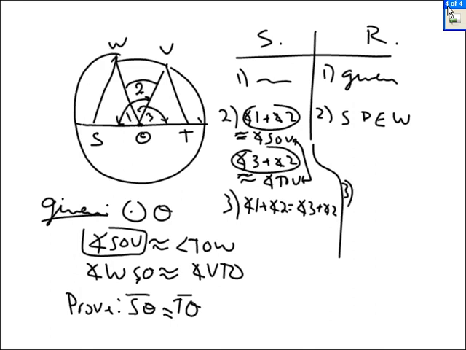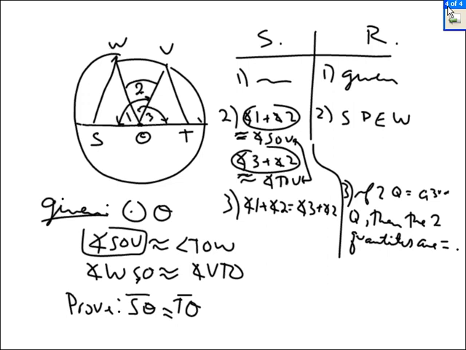Number 3. If two quantities equal a third quantity, then the two quantities are in fact equal to themselves.